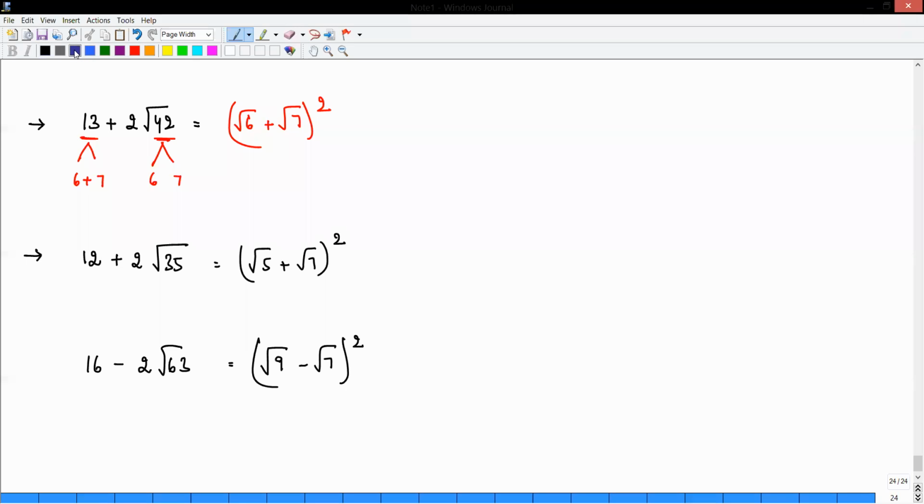Sometimes what happens is, you can see what is missing there. You clearly see 2 is missing. Can I get 2 from inside? Yes, because you can write root of 4 into 15. We know root A into root B is root of AB. So root of 4 into 15 you can write as root 4 into root 15.